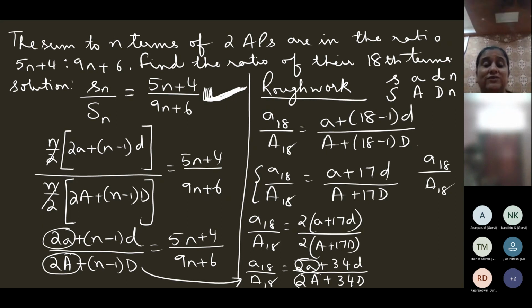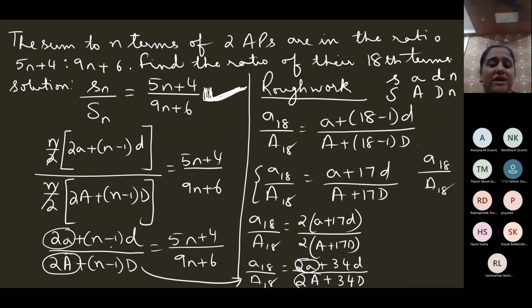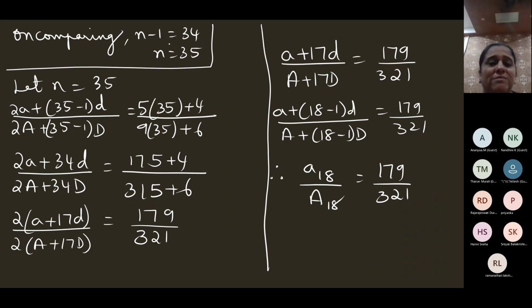This 2a is the same. Here 34d, 34d. That means when you compare, the coefficient of d is n minus 1 here and 34 there. So n minus 1 is equal to 34, and n is equal to 35.